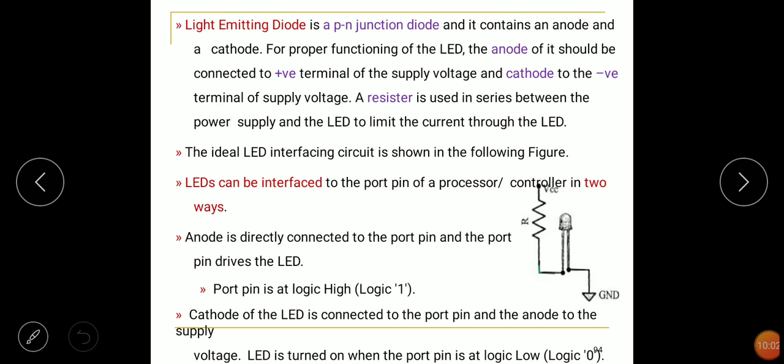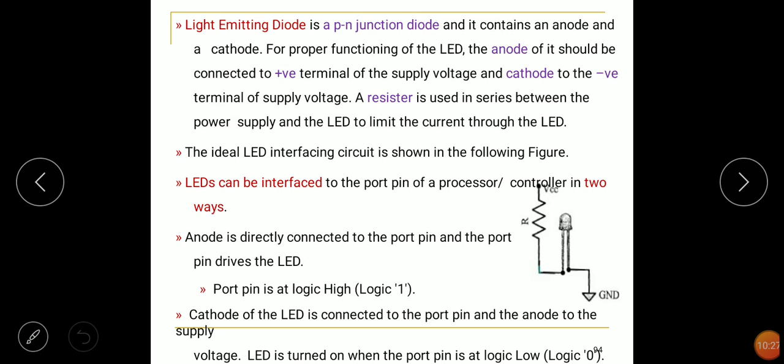Next, the light emitting diode structure. We'll now discuss the PN junction diode, and it contains an anode and a cathode. So the structure of the LED is shown in the diagram, with a resistor connected to a power supply, and the other end connected to ground.